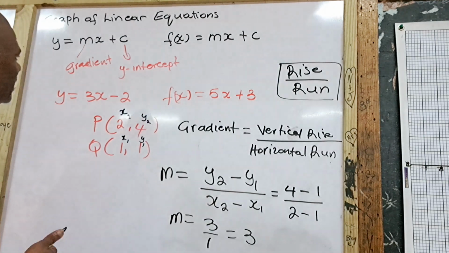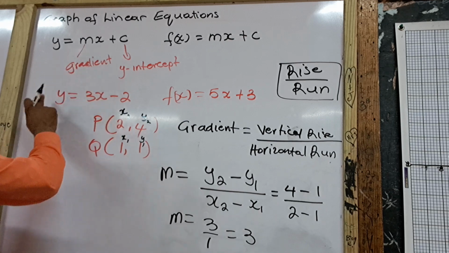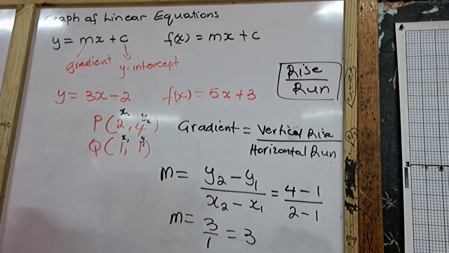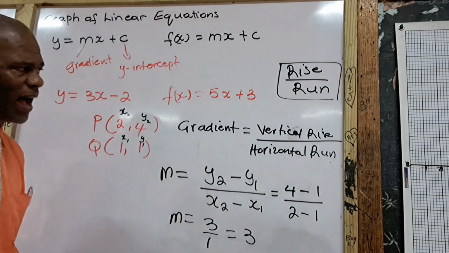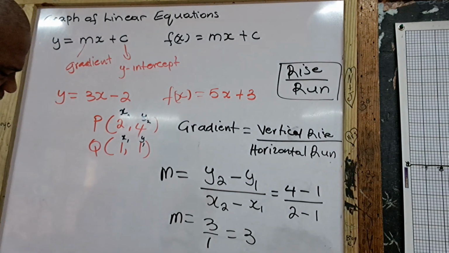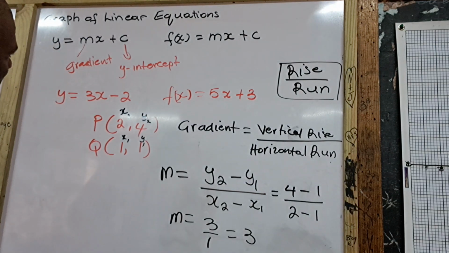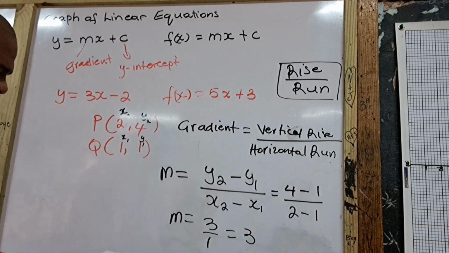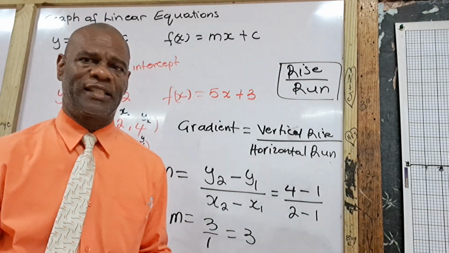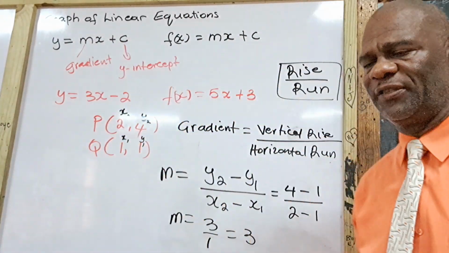And remember that we said that this is the general formula for the equation of the line, where m is equal to the gradient and c is the y-intercept. Alright, so c is the y-intercept and m is the gradient. Let's just leave it at that for now.